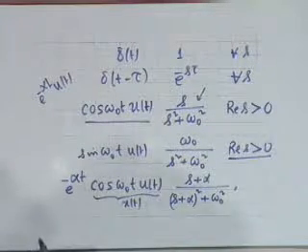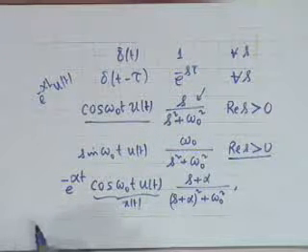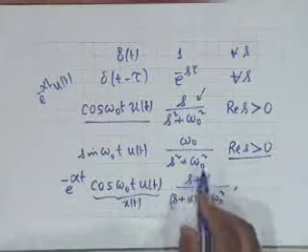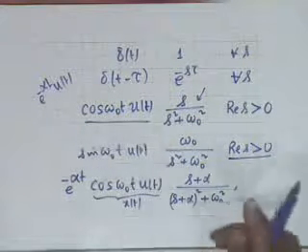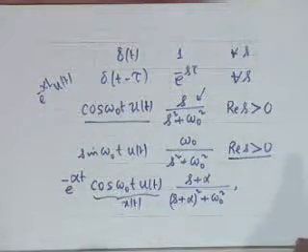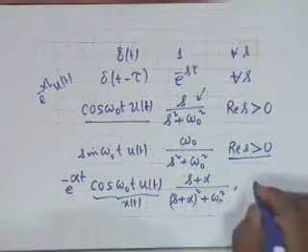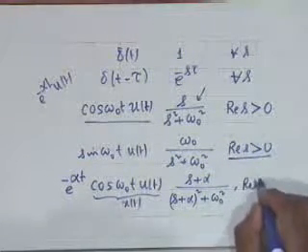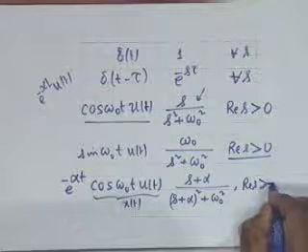Now what happens to the ROC? The pole changes from plus minus j omega naught to minus alpha plus minus j omega naught, and therefore the real part of s should be greater than minus alpha.